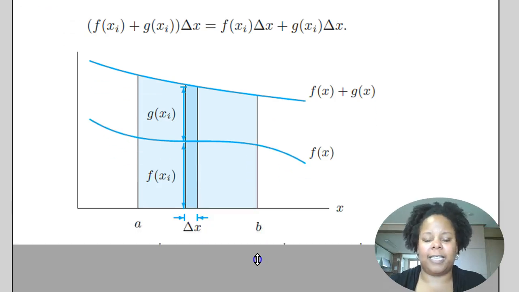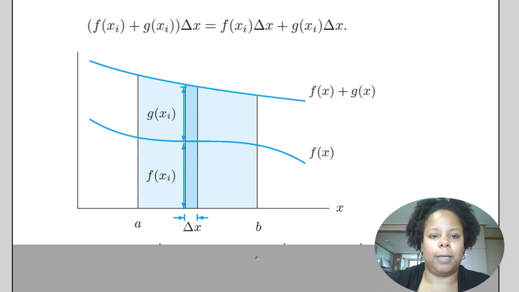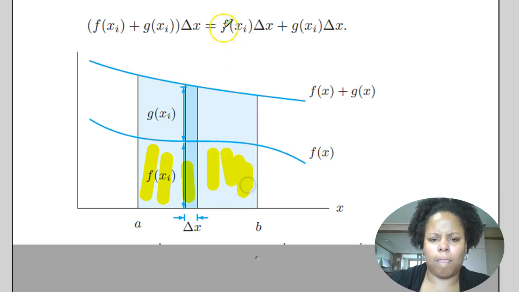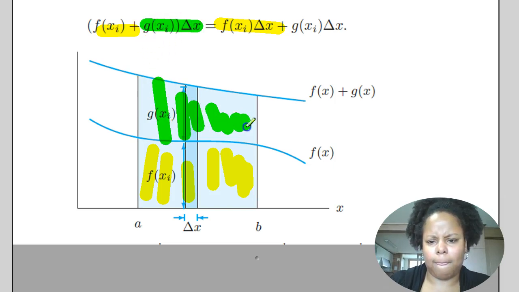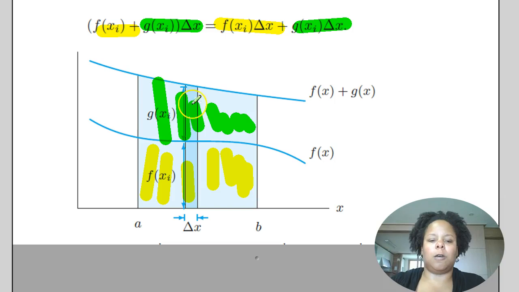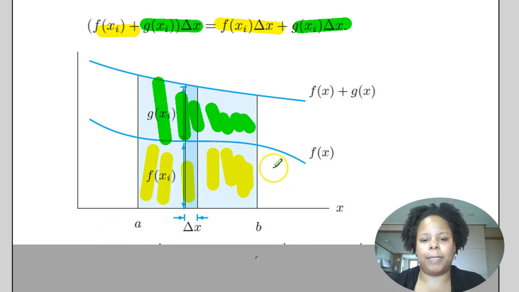And here's a picture that kind of explains that as well. From a to b, this is f, and then from a to b, this is g. So the whole thing can be found by finding the area from here to here.